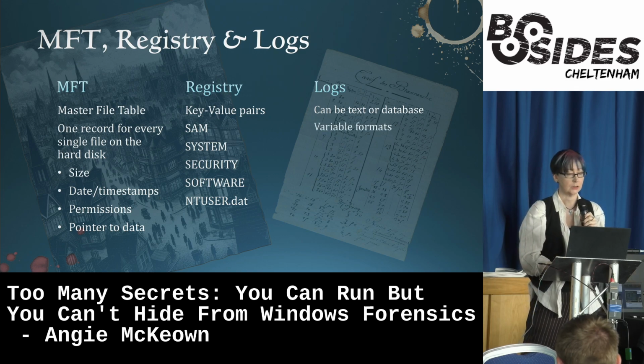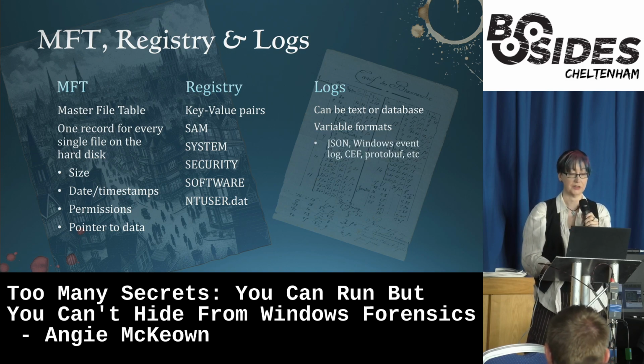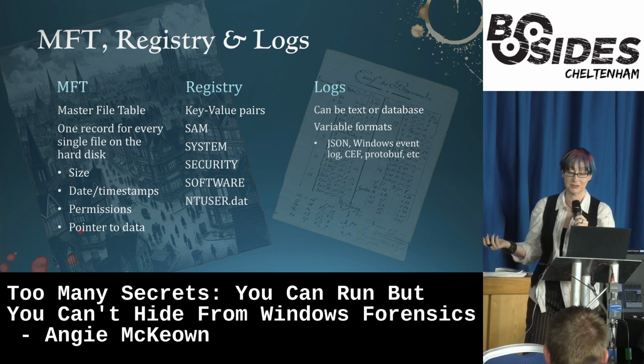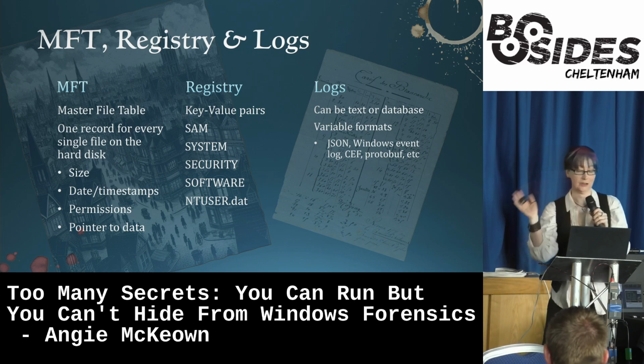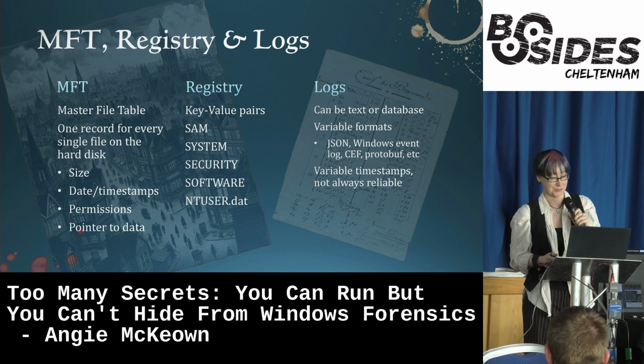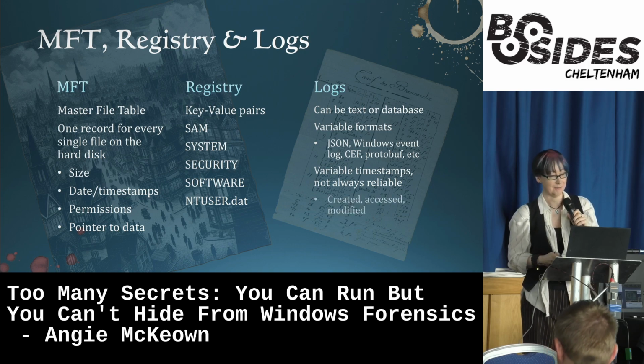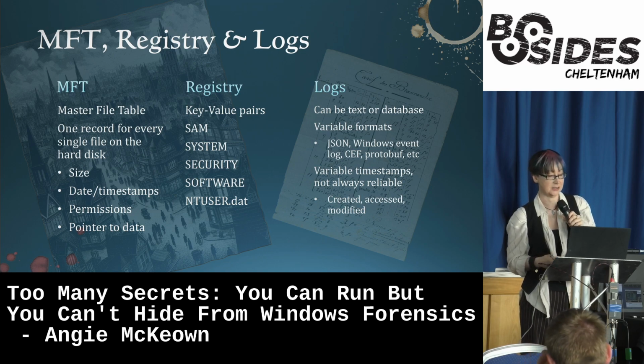So logs can generally be text or database, and they come in very variable formats. So they can be JSON, Windows event log, CEF, protobuf, lots of different types. And unfortunately, they also have very variable timestamps, and they're not always reliable either. So they are usually storing when things are created, accessed, and modified.